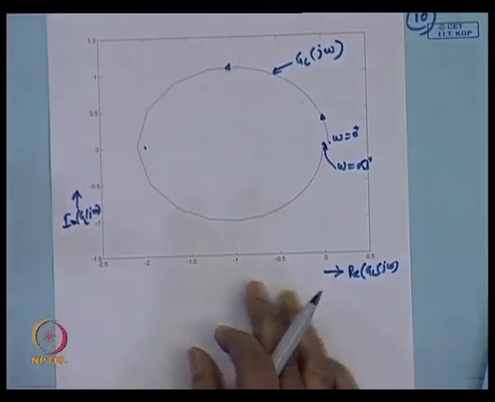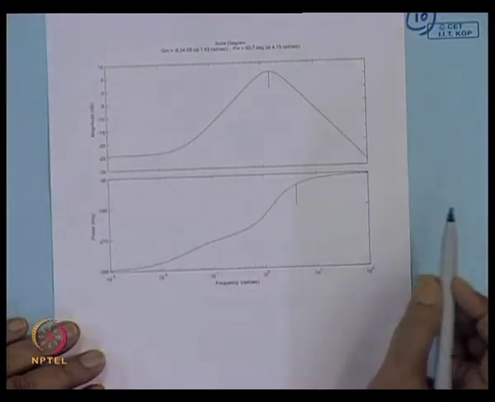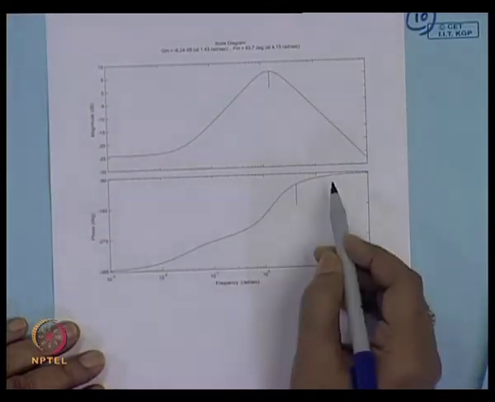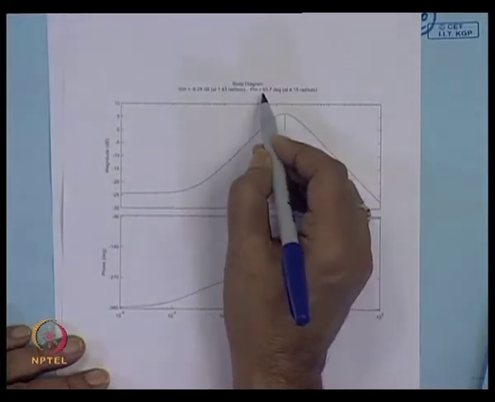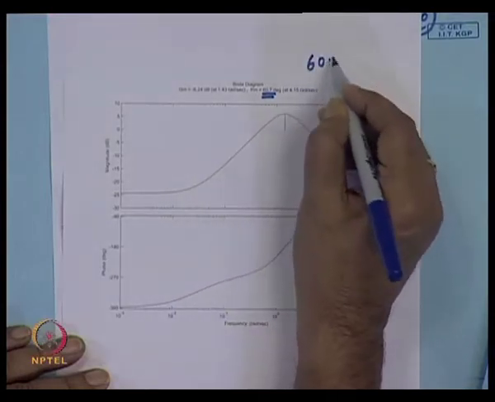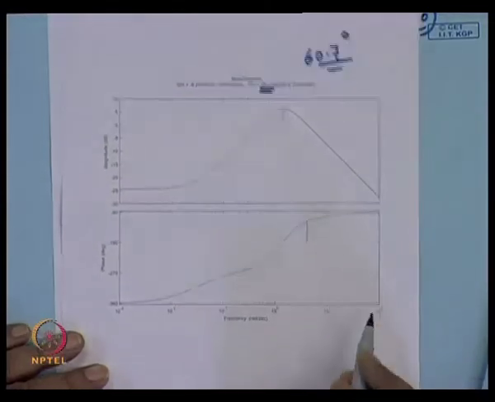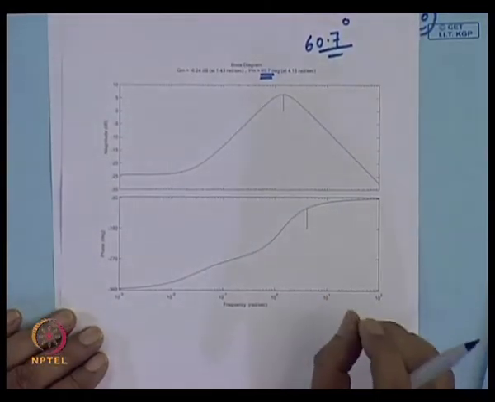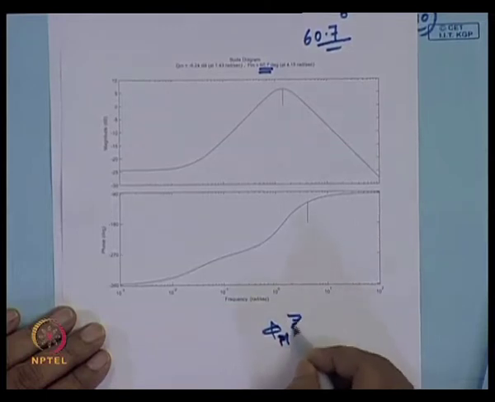Then if you see the Bode plot of GL j omega, from the Bode plot you can read the gain margin and phase margin. You are getting a phase margin of 60.7 degrees, and according to the theorem, it should be at least 60 degrees, that is, PM greater than or equal to 60 degrees.